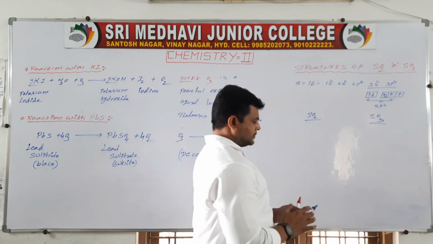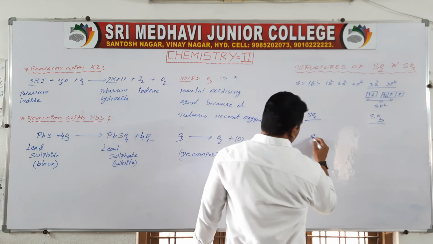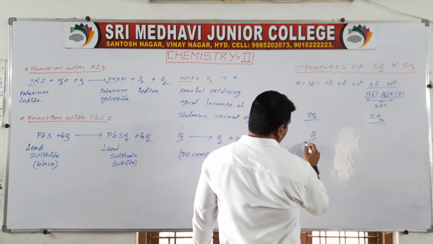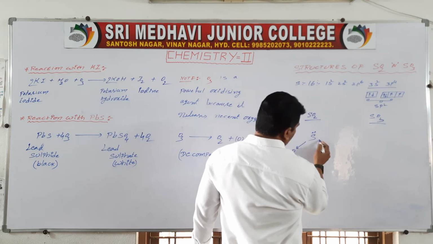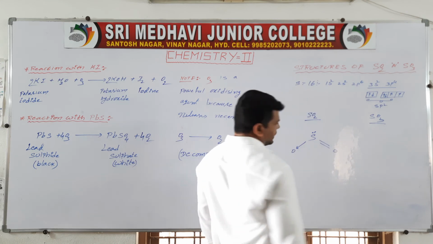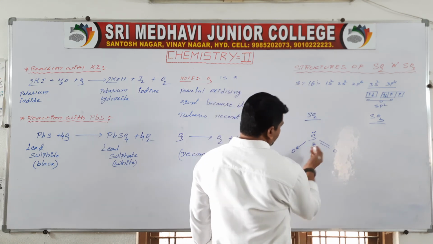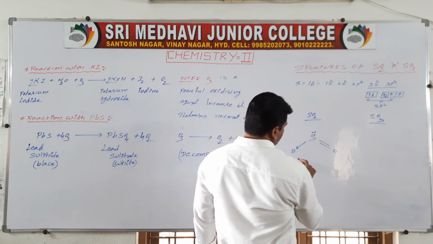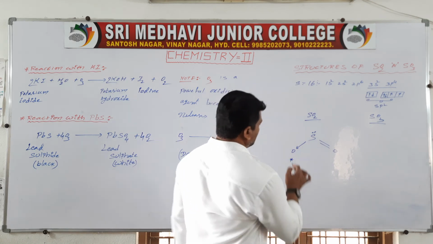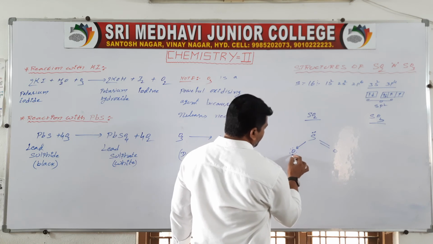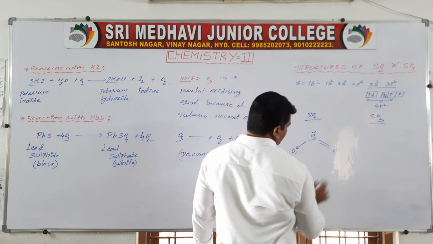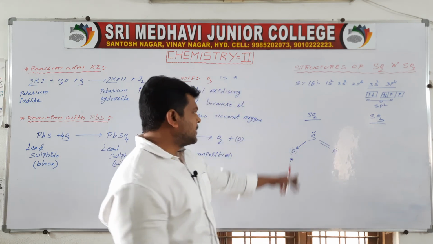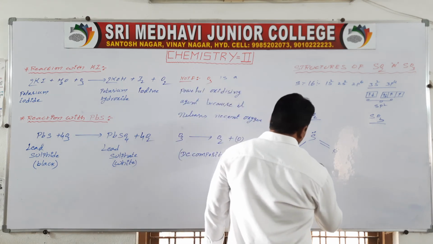See here, sulfur is the central atom having a lone pair, a single bond and a double bond. So here it is sp2 hybridization. So here 1 2 3 4 5 6, 1 2 3 4. Okay, shape of the molecule is angular.